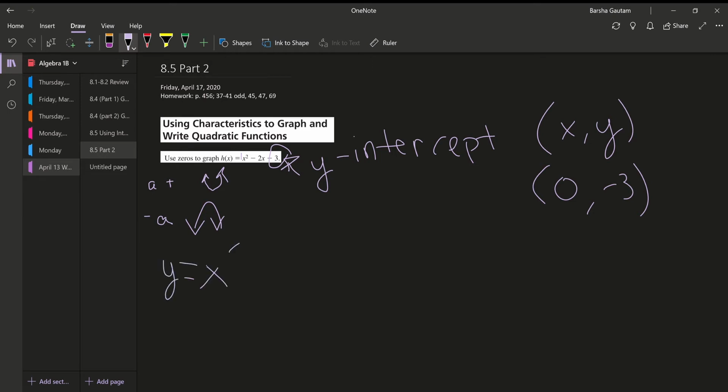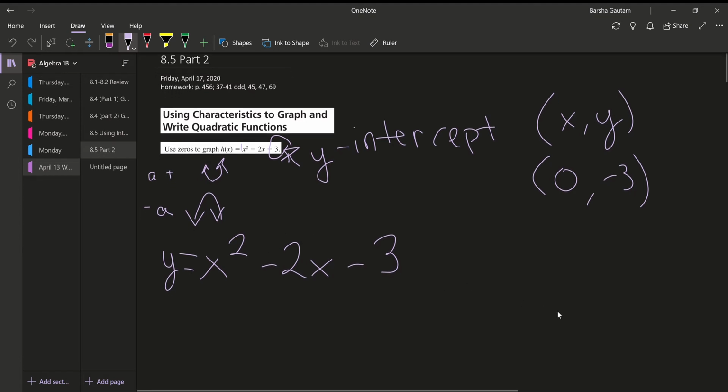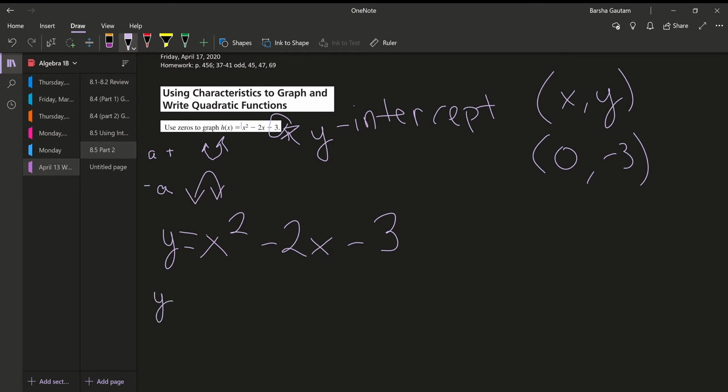Y equals x squared minus 2x minus 3. You can use whatever format you want to figure out what the factors are. When we factor it, we get y is equal to x plus 1 and x minus 3.